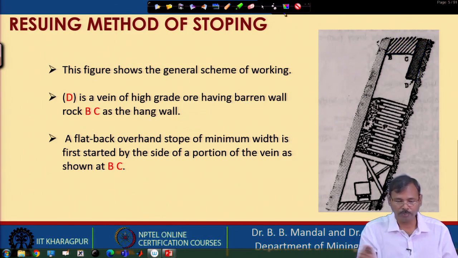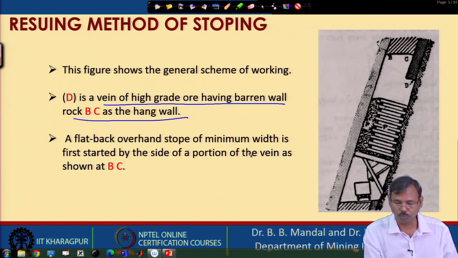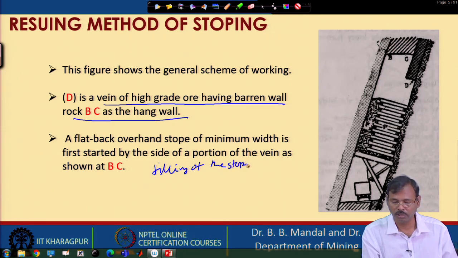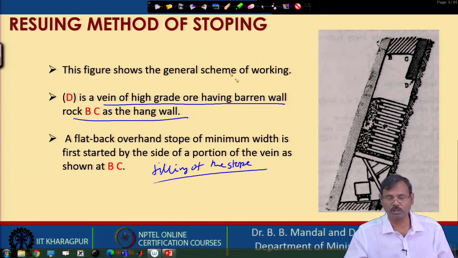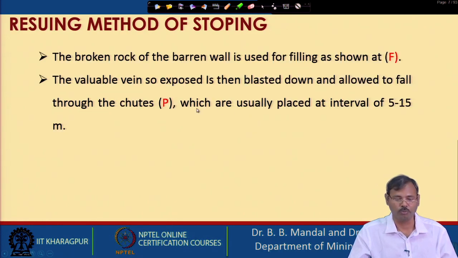So, basically a vein of high grade ore having a barren wall rock in the hang wall, and both are excavated. Whatever is excavated from the hang wall is used for filling of the stope, and that is why transportation cost is not a significant problem for the additional excavation of the hang wall.